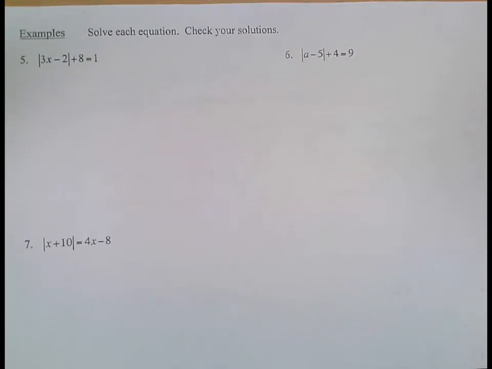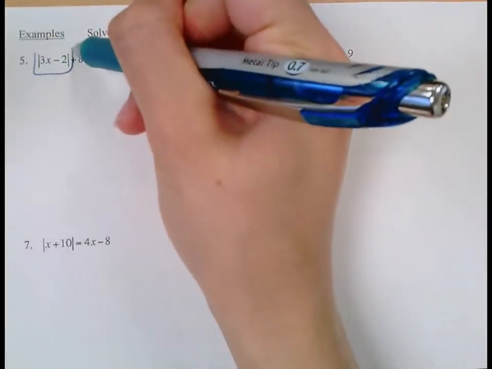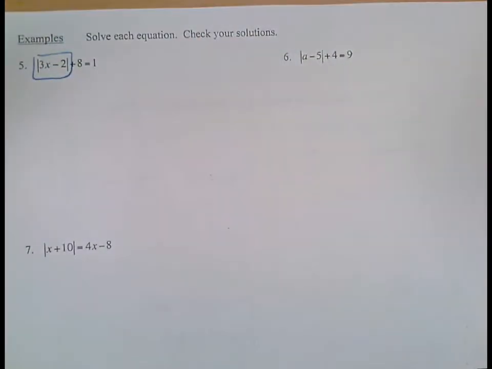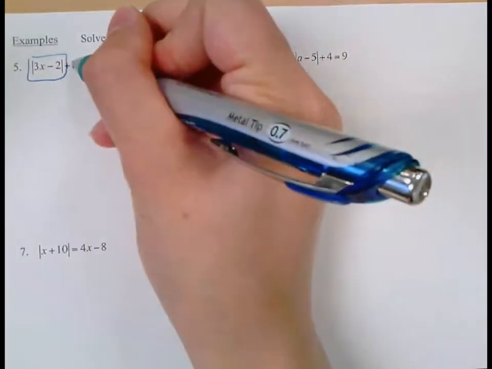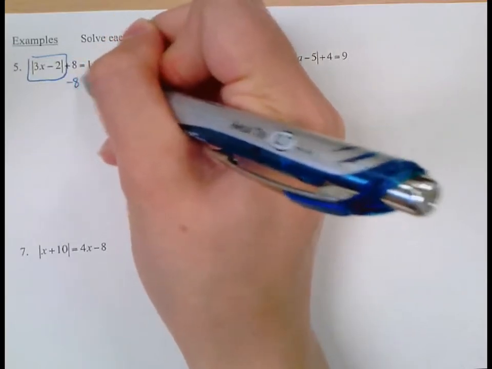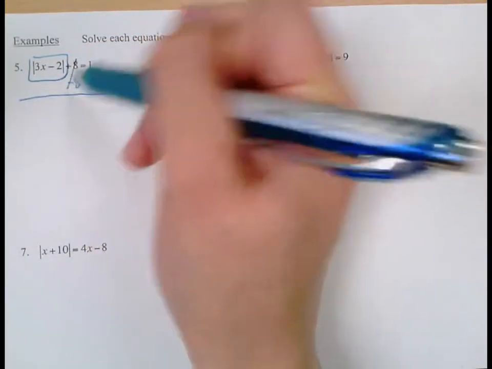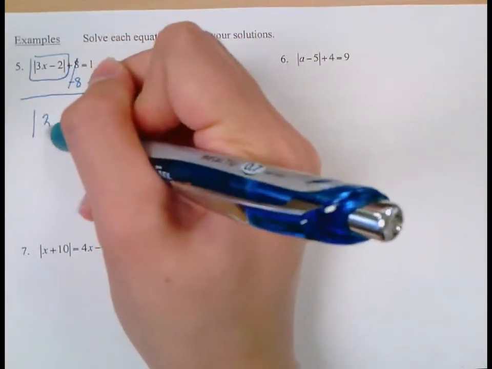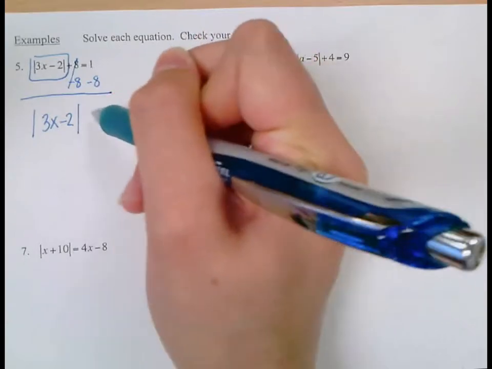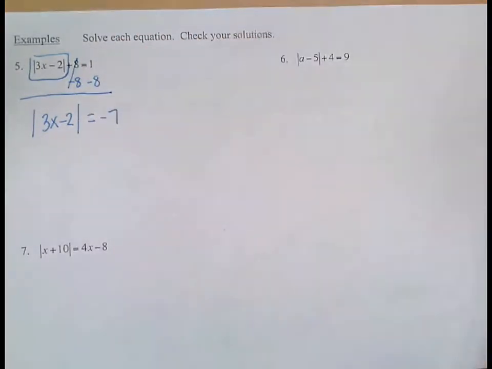Before you set up your two cases, the absolute value expression has to be the only thing on one side of your equal sign. So the first thing I have to do, for example, in number 5, is get rid of this plus 8, so I need to subtract 8 from each side. I'm going to keep the absolute value of 3x minus 2, and now that's equal to 1 minus 8, so negative 7.